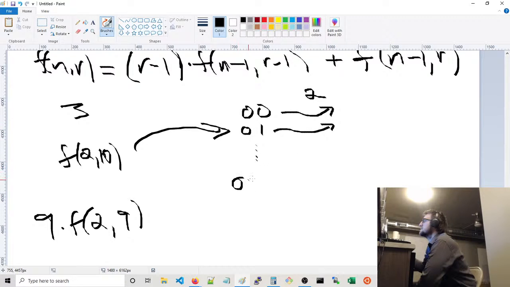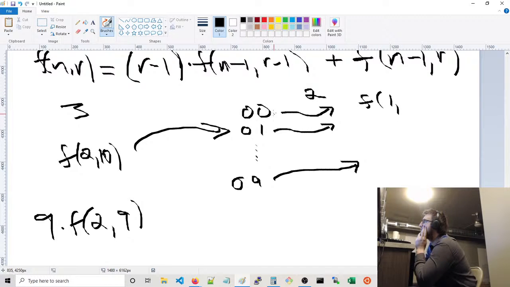All the way down to 0, 9, and that's a bunch of different choices. And that'll leave you with f of 1 in each of these cases. This is f of 1 with 10 characters to pick from.